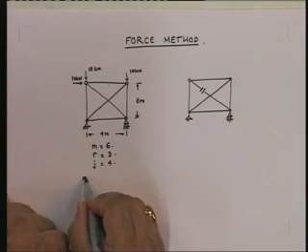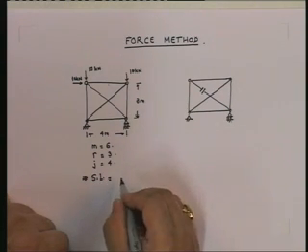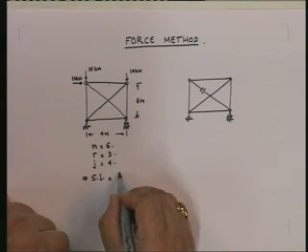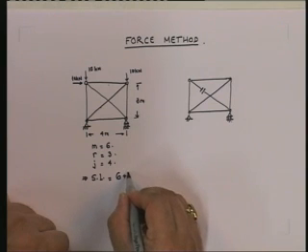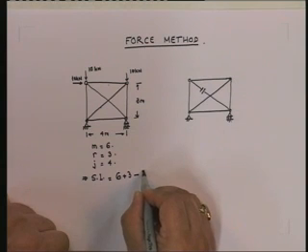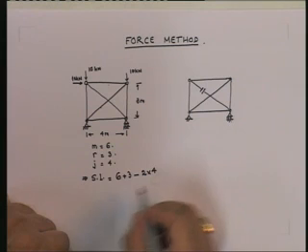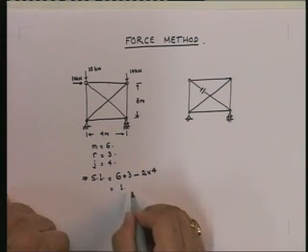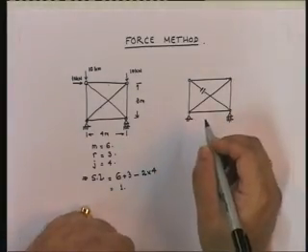So, if you look at the static indeterminacy, it is equal to the number of unknowns, 1 for each member, plus the number of reactions, minus the number of equations of equilibrium that you have, which is 2 per joint, and this is equal to 1. So, therefore, this is a single indeterminate structure. It is a truss which has a single degree of indeterminacy.